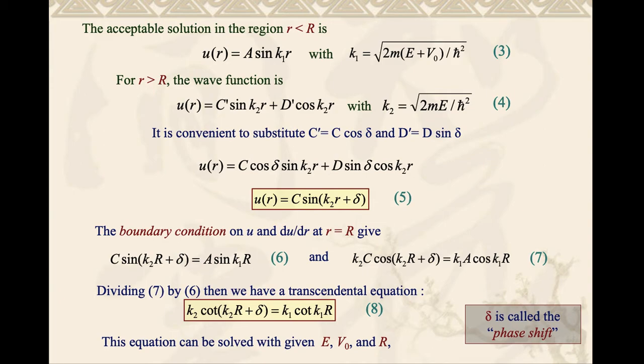At 0, cos 0 by sin 0 is 1 by 0, that is infinity. And at 90, as we have already done in the deuteron, it is 0. So here K2 is less than K1, and K1R will actually be greater than K2R. When the angle is increasing, the value is decreasing.